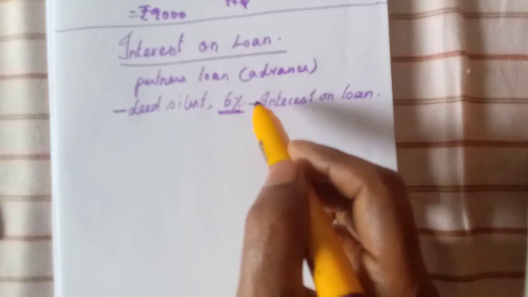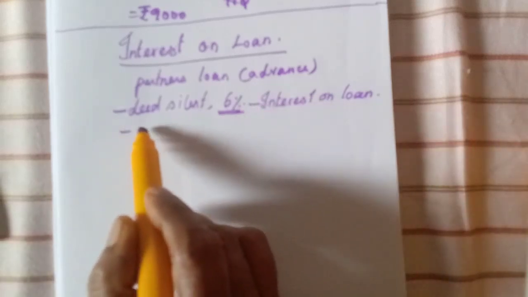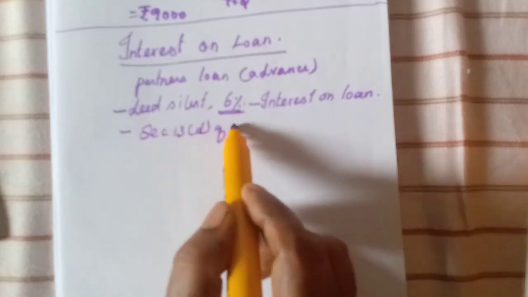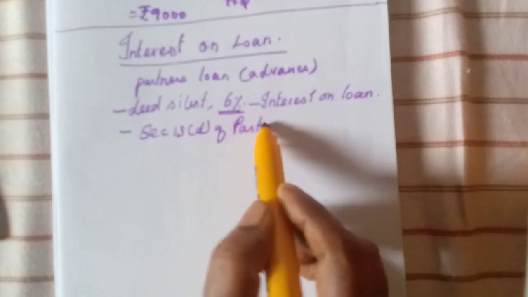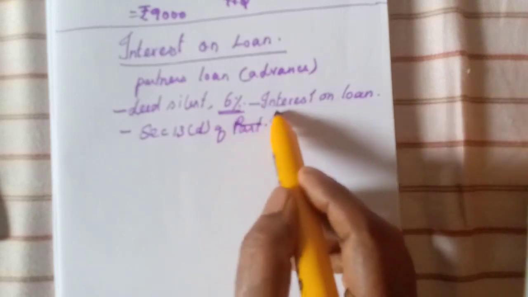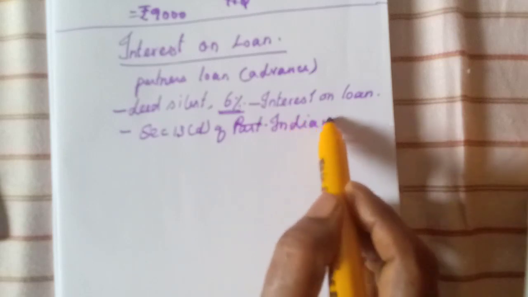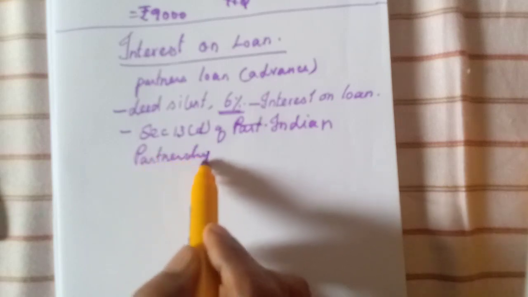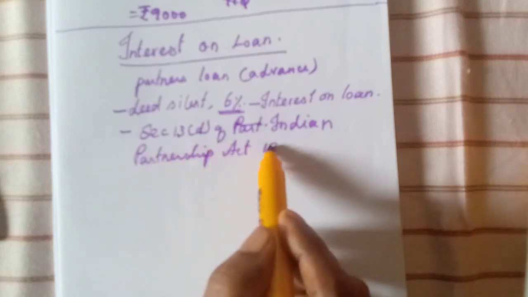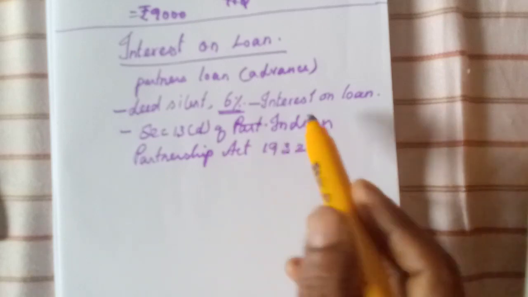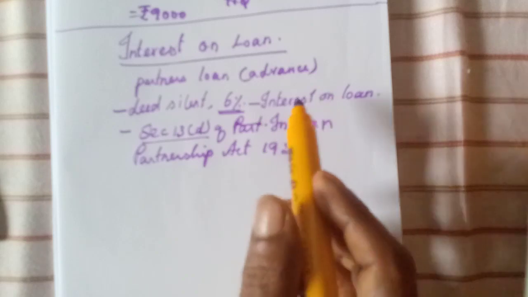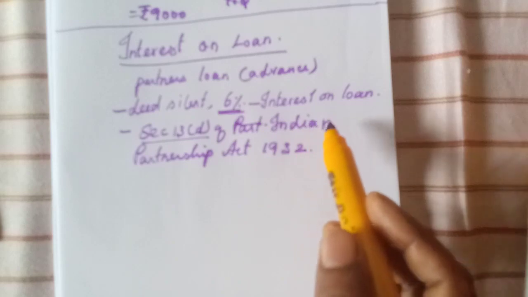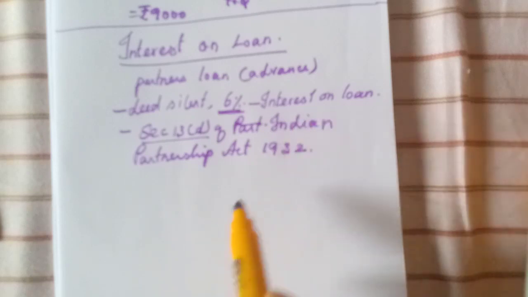This is as per Section 13D of the Indian Partnership Act, 1932. As per this section, 6% interest must be given to the partners who have advanced a loan to the firm.